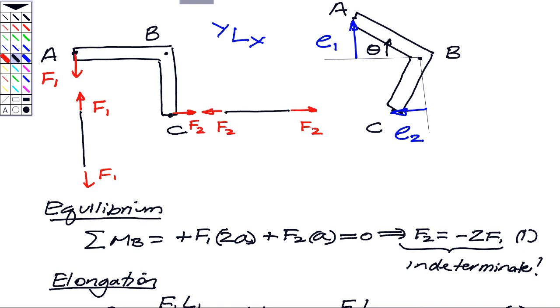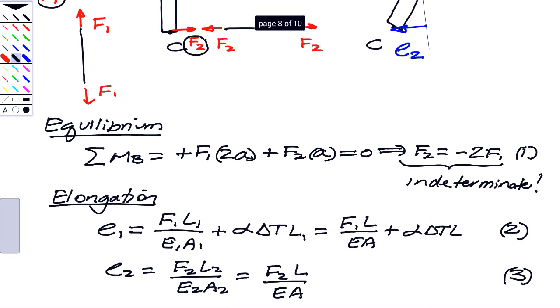I'm just going to show them both in tension and carry that all the way through. So that dictates the direction for F1 in the bar and F2. Equilibrium, we get one equation. We need to use our elongation equations. This is where the sign conventions are important. By drawing it that way, I don't have to worry about signs here. I just write down my equations.